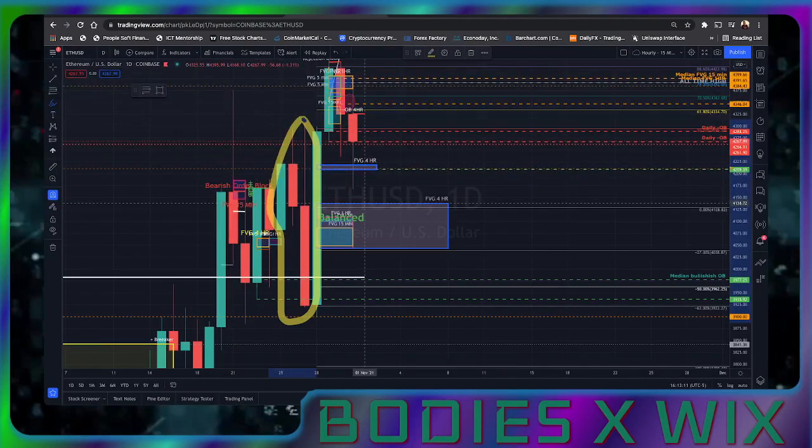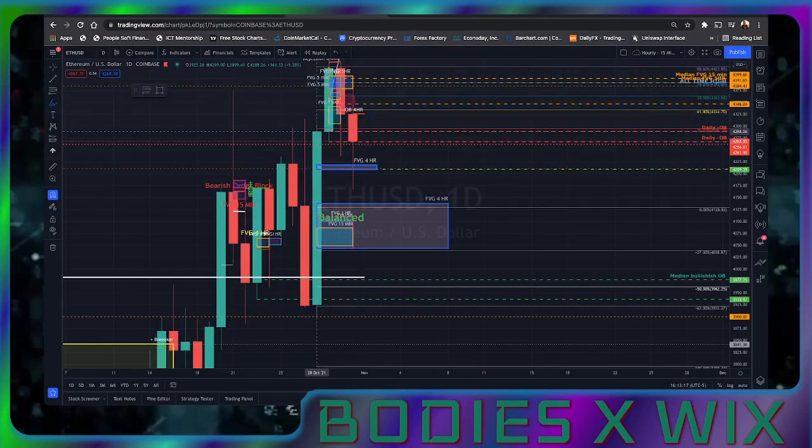Why bullish? Because right afterwards, you have a bullish candle that closes above this one here. The last down candle, as long as the next bullish candle closes above it, it doesn't matter about the wicks.